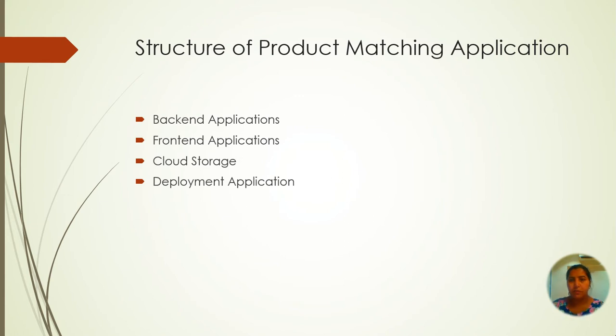First, the structure of the product matching application. In this part I will cover which technologies and programming languages are used to make the application, like Flask, Python, R, HTML, JavaScript, jQuery, and many others, and their built-in machine learning libraries.